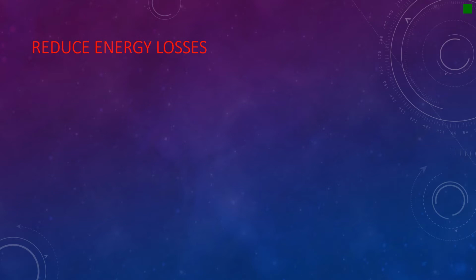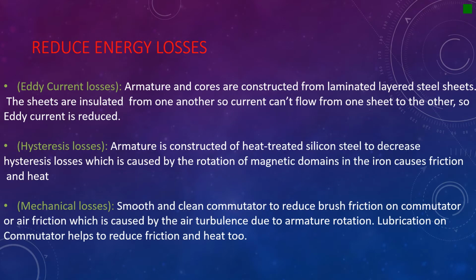We can reduce the energy losses by reducing the eddy current, the hysteresis losses, and the mechanical losses. So we can reduce the eddy current by constructing armature and cores from laminated layered steel sheets.